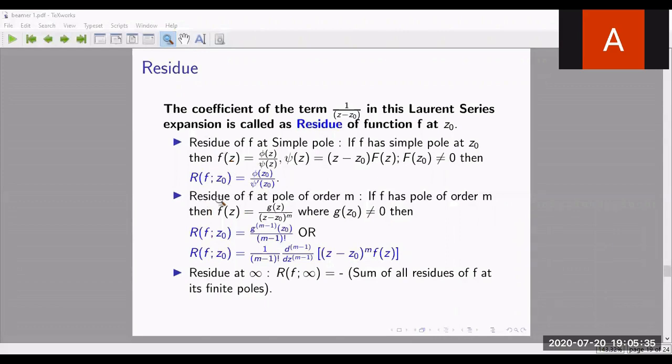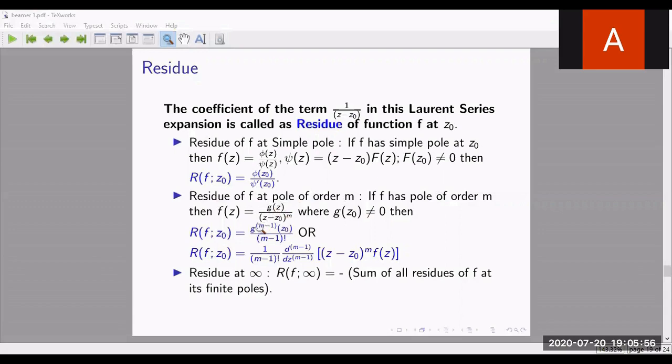Now, residue of f if it has a pole of order m. How to calculate it? Residue of f at z naught, if z naught is a pole of order m. Clearly we know the function looks like g of z by z minus z naught raised to m.